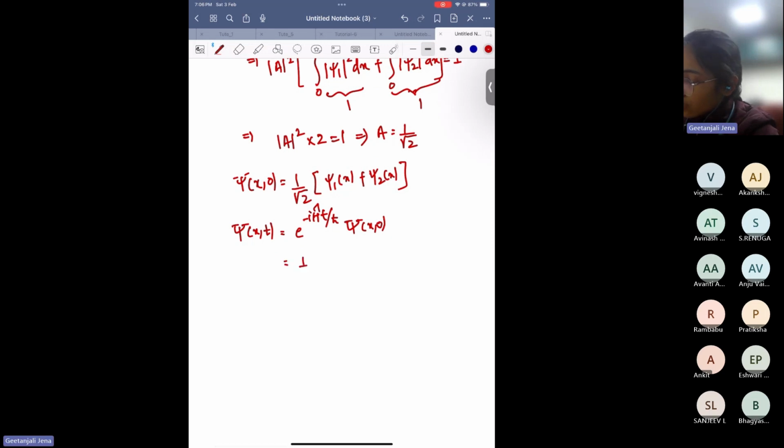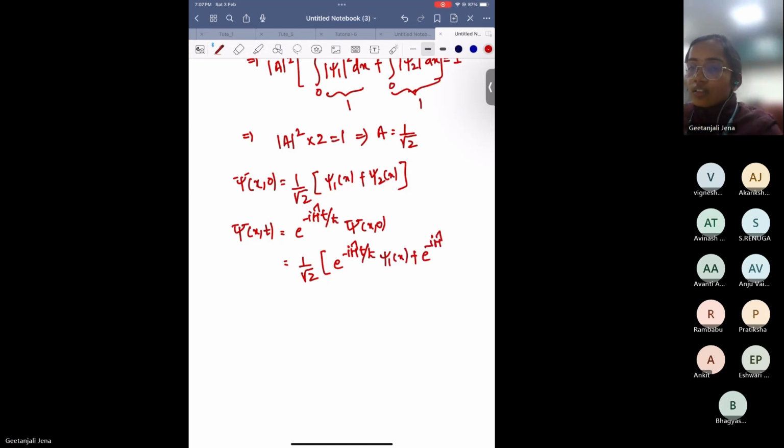So it is nothing but 1 by root 2 times e to the power minus iHt by h cut psi1x plus e to the power minus iHt by h cut psi2x.